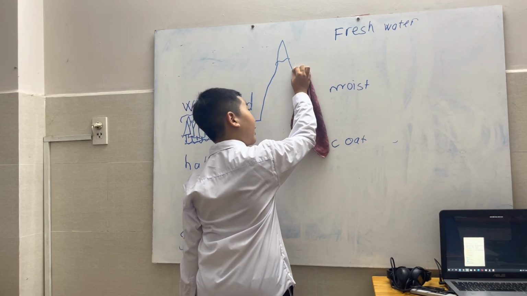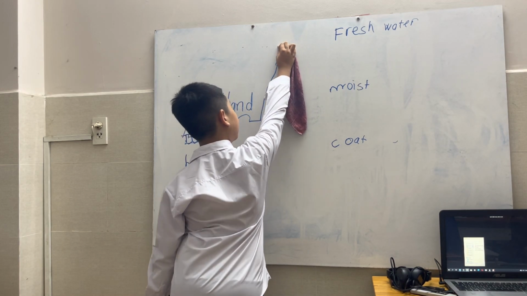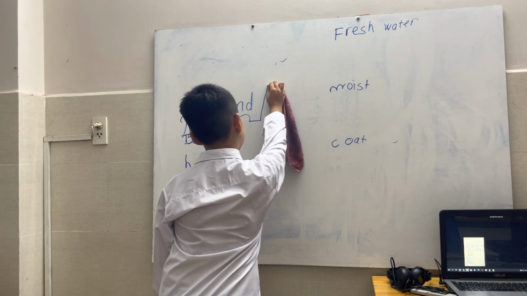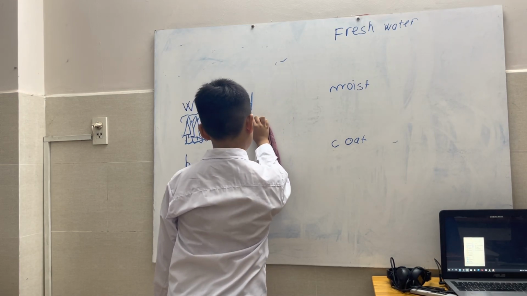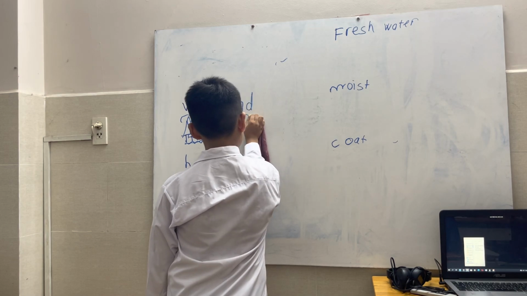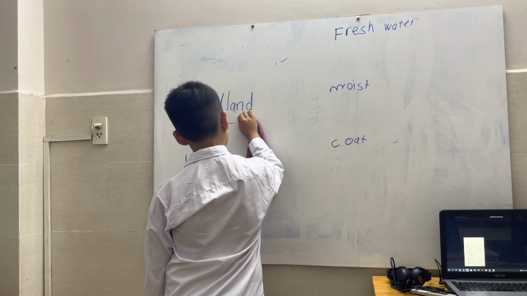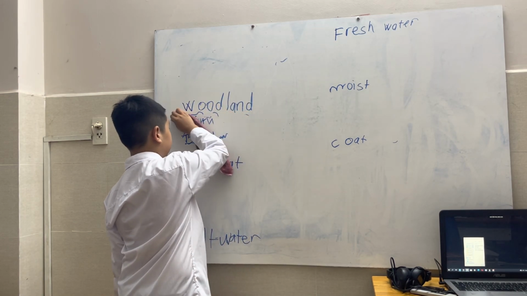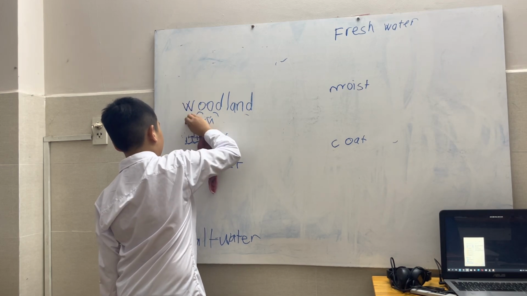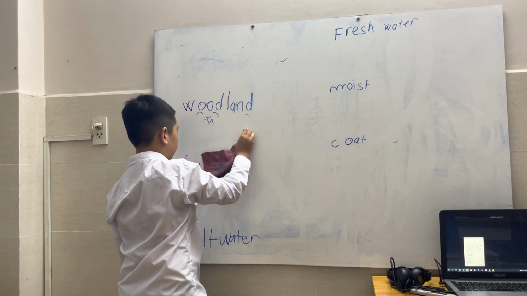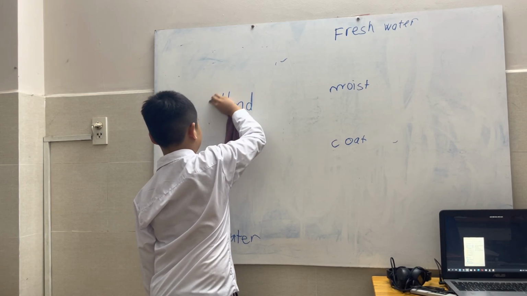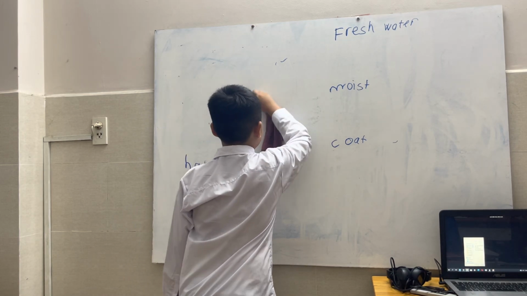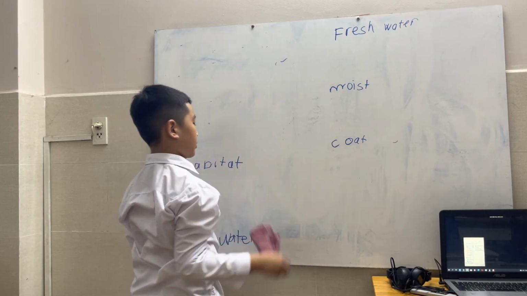So let's erase this line. Okay. So now that's a woodland. To be unspecific, a woodland is just a place where loads of trees grow.